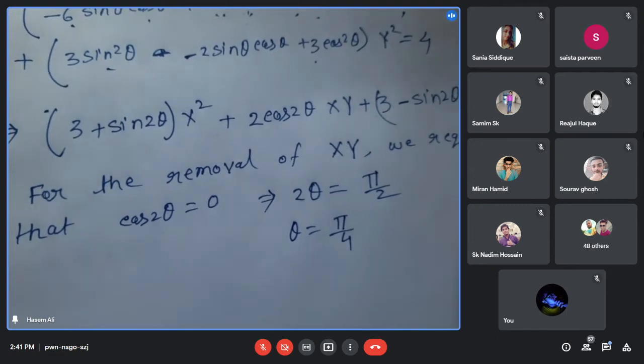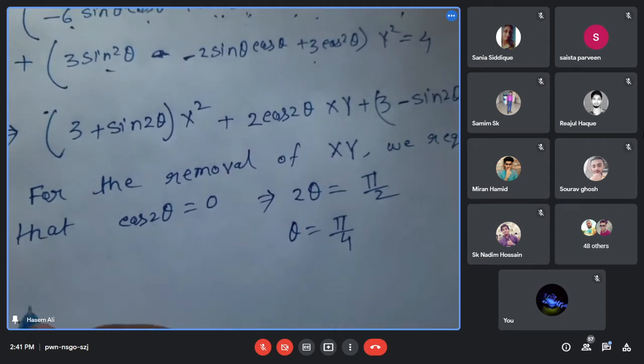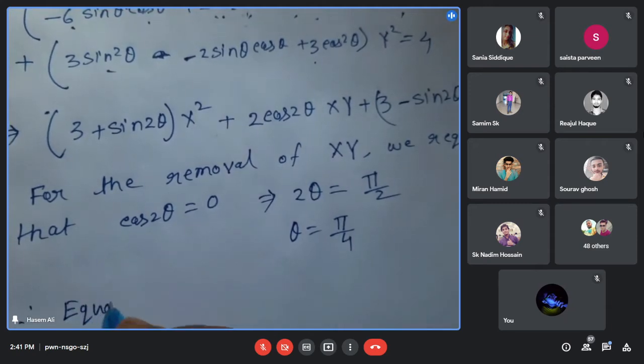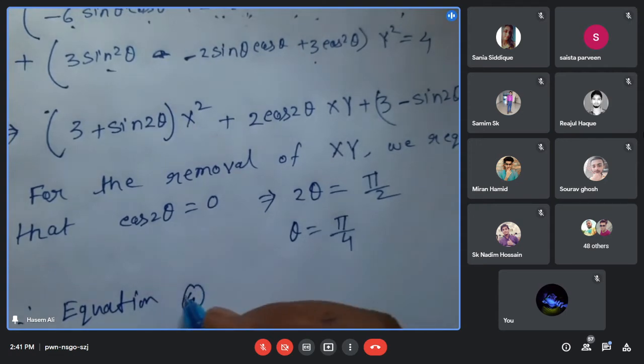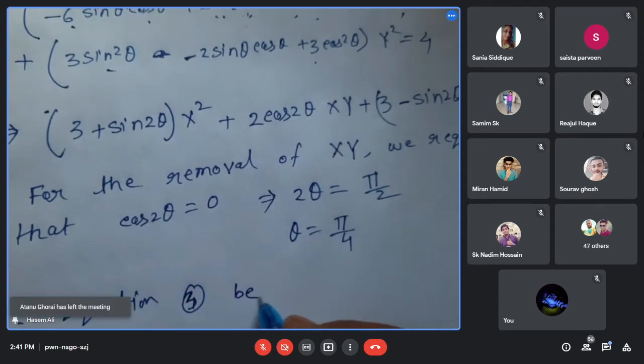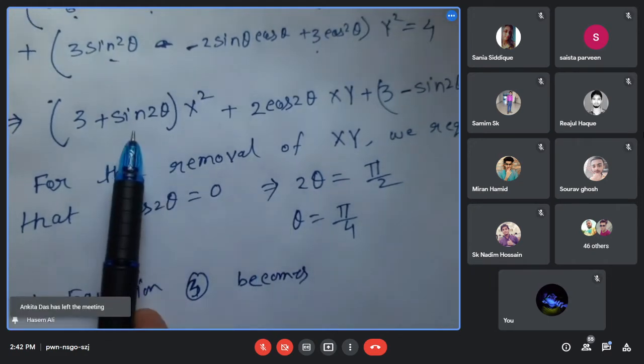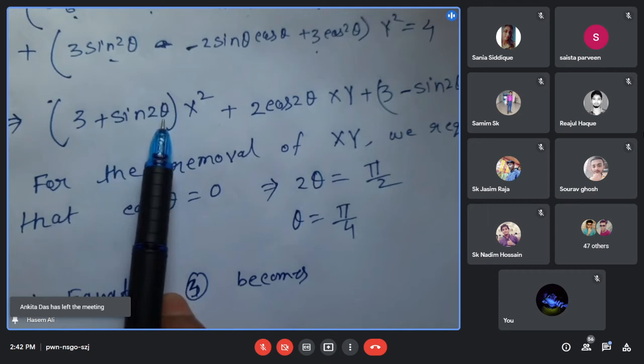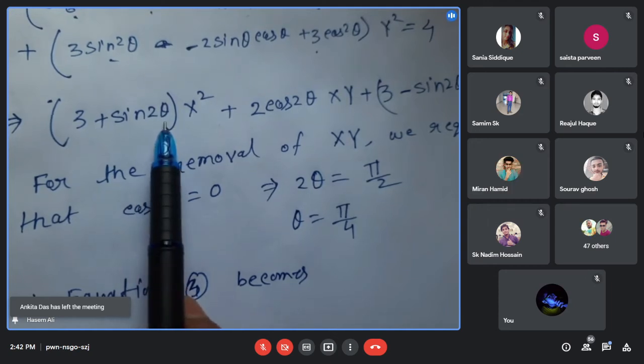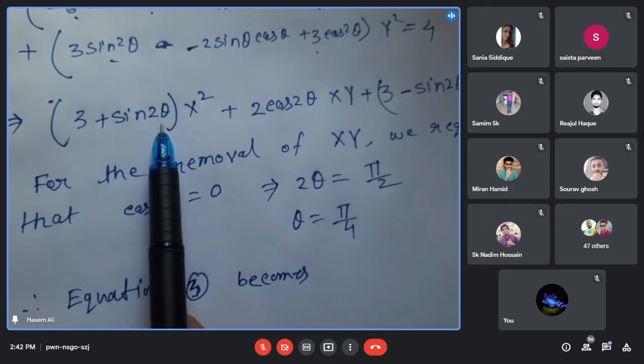Then equation 3 becomes: sin 2 theta, here 2 theta is pi by 2, so sin pi by 2 is 1.